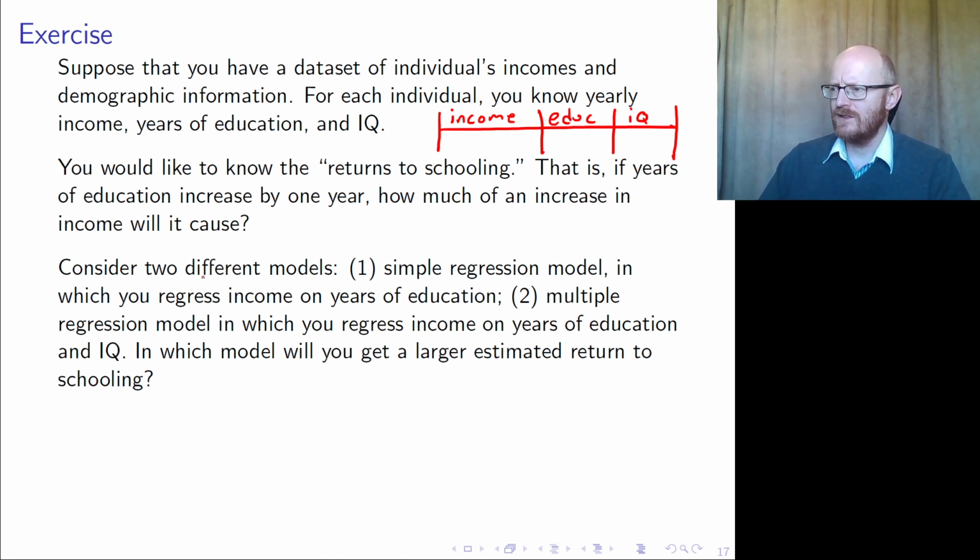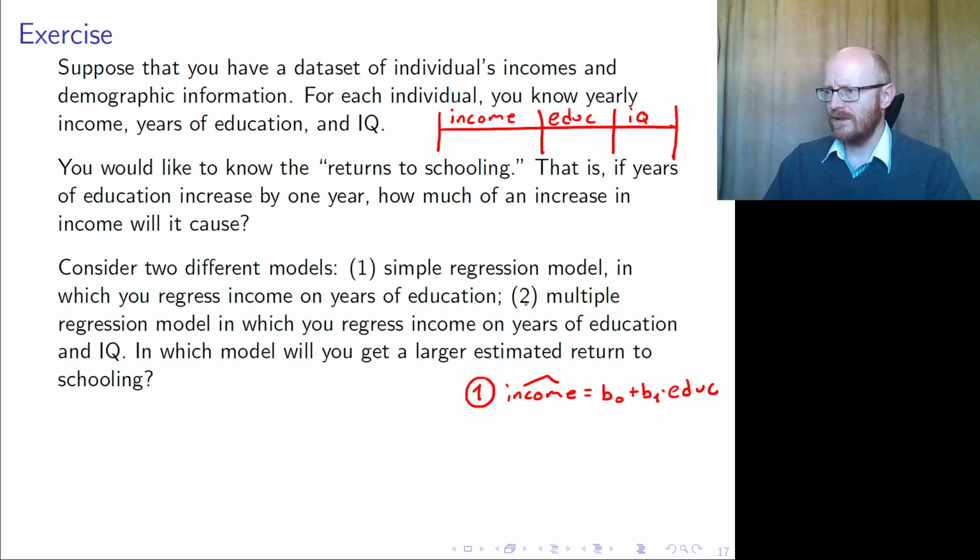and consider two different models. One, a simple regression model in which you regress income on years of education. Okay, so that's our first model. So that would be estimated income equals the intercept plus B1 times education in years.